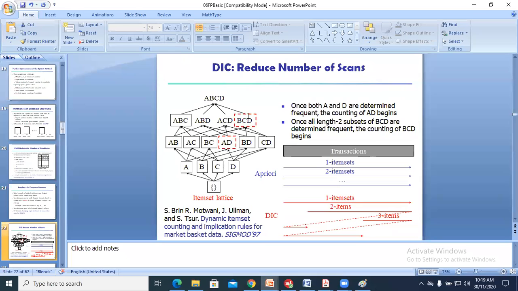So it means that if we are counting the items in one item set and find it frequent, we will start counting the two item sets. And similarly, if all the sub patterns of BCD are frequent, like BC, BD, and CD, we'll start counting BCD here.